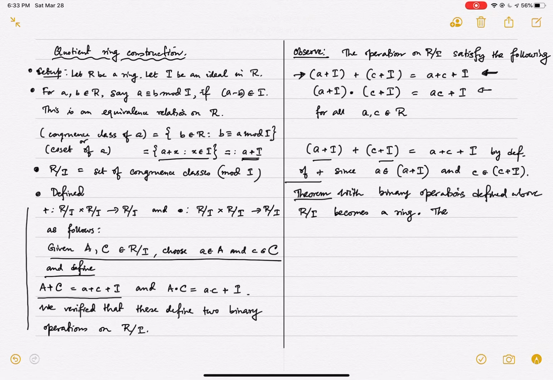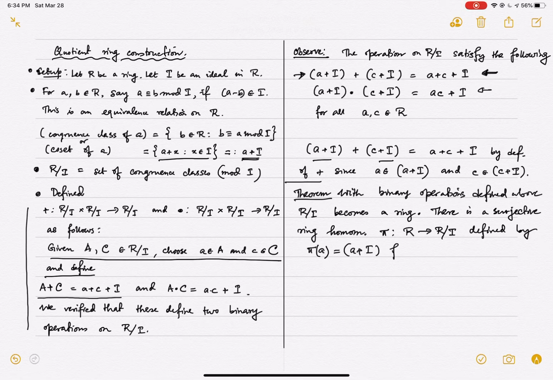And there is a surjective ring homomorphism pi from R to R mod I defined by pi of an element in the ring is the coset of that element, for all a in R.